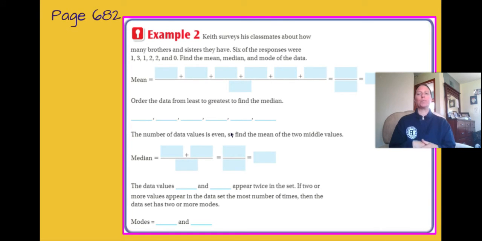Mode, you need to find the number that occurs most often. And if there are 2 numbers that occur most often, you can put down more than one number. For example, for this one, the number 1 occurs twice and the number 2 occurs twice. So your modes are 1 and 2.